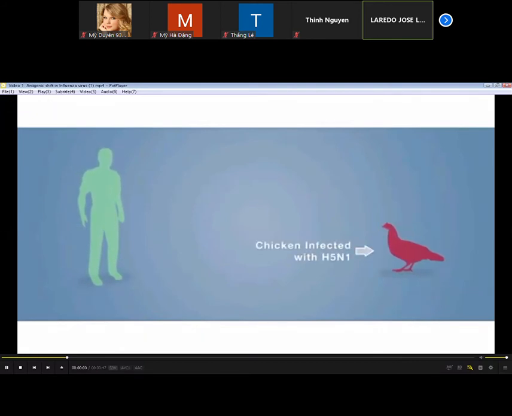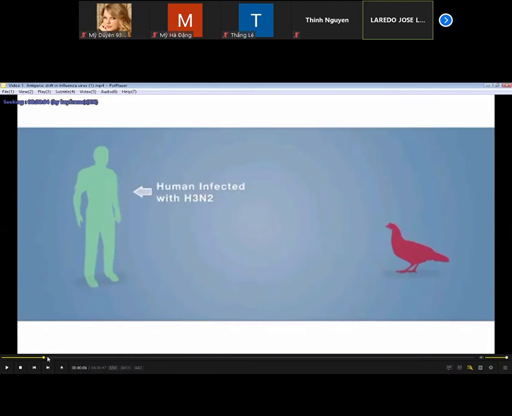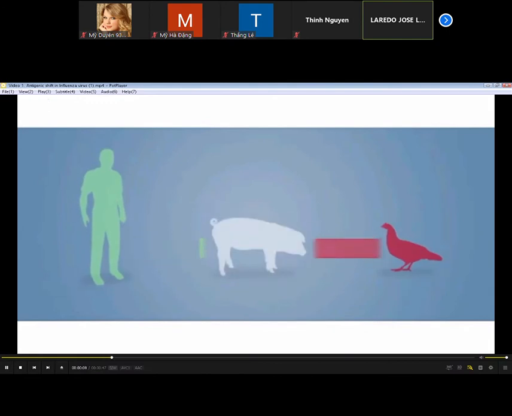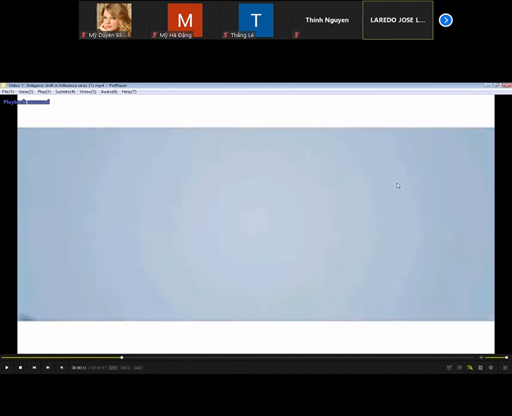So look, here we have 2 hosts. We have a human infected with one virus, and we have a chicken infected with another virus. And look what happened. Another host, a pig in this case, was infected by both viruses at the same time.